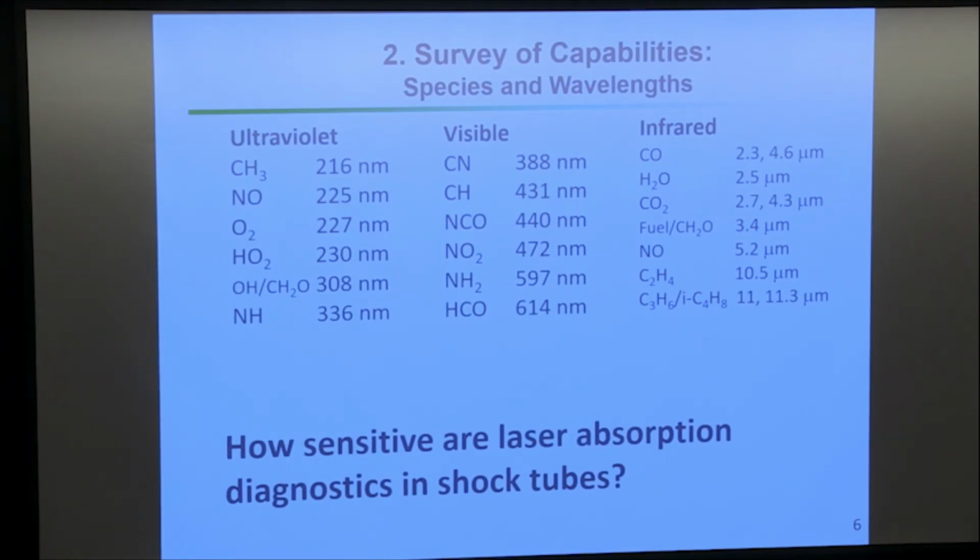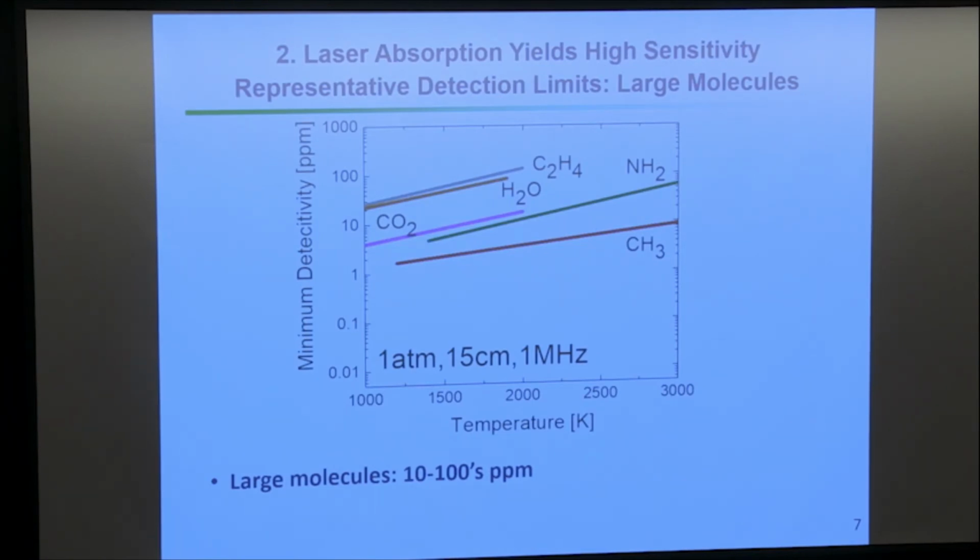So why do we do this? Well, we look at the sensitivity. So this is the chart that shows what levels of species can we measure at 1 atmosphere and 50 centimeter shock tube with megahertz time resolution. So these curves show you that we've identified transitions that allow us to detect tens to 100 ppm of species using laser absorption.